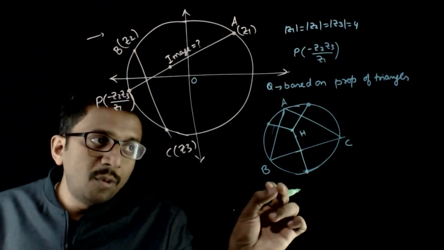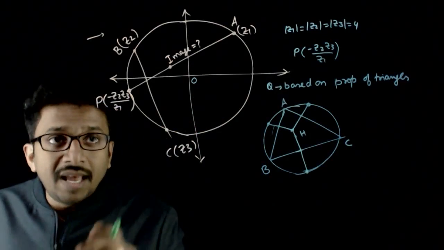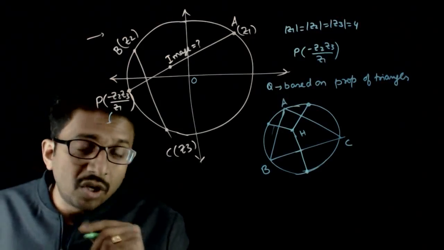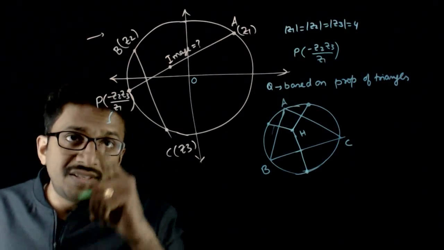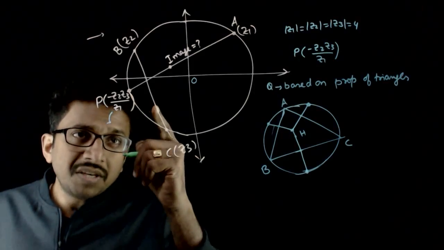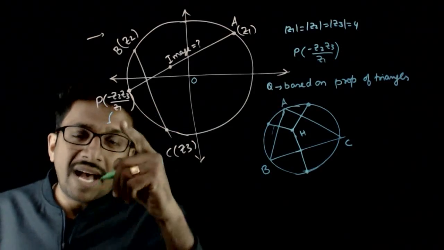Now I am going to use this property, and you'll find that the point which is given, minus z2 z3 by z1, is also not an arbitrary point. This is a very special point. Now in this question, the reverse property is asked.